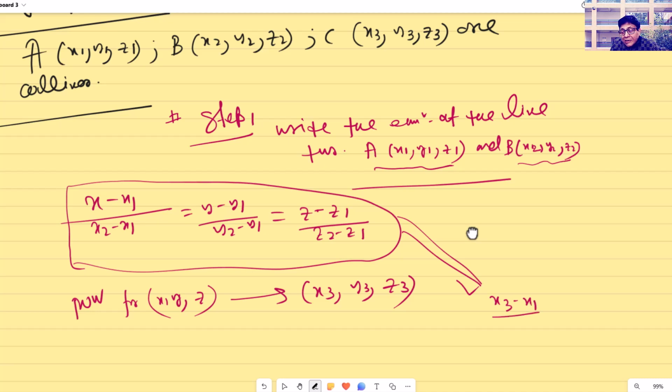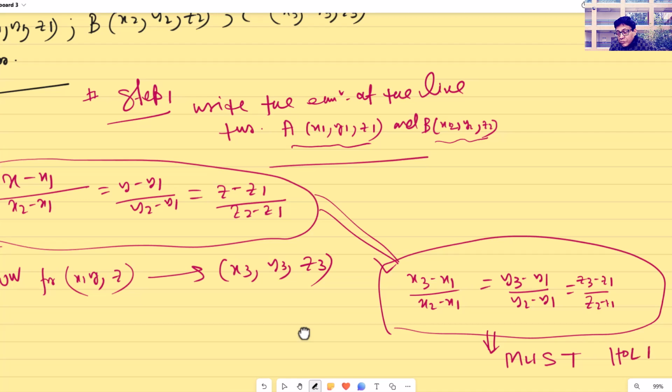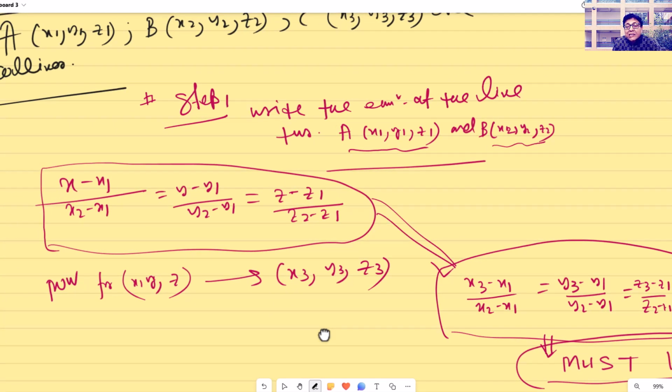That (x3 minus x1) by (x2 minus x1), (y3 minus y1) by (y2 minus y1), (z3 minus z1) by (z2 minus z1), this one must hold. These 3 ratios must be equal. This one must hold for collinearity of 3 points (x1, y1, z1), (x2, y2, z2) and (x3, y3, z3). This is actually our step 2.